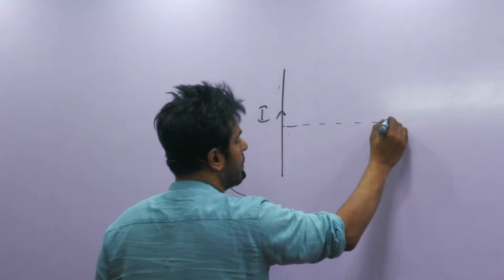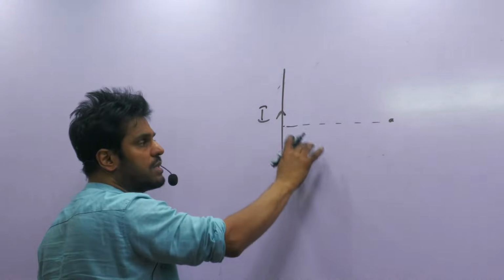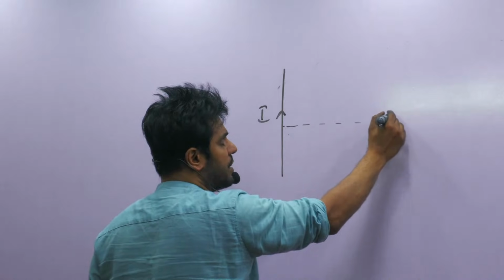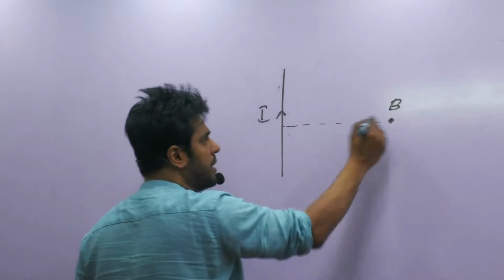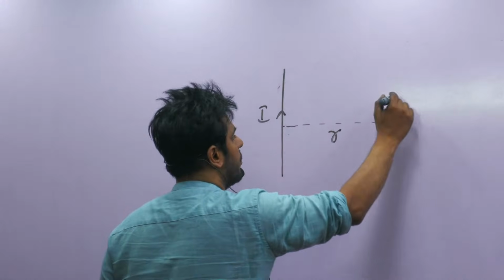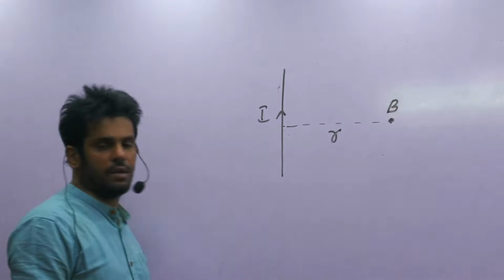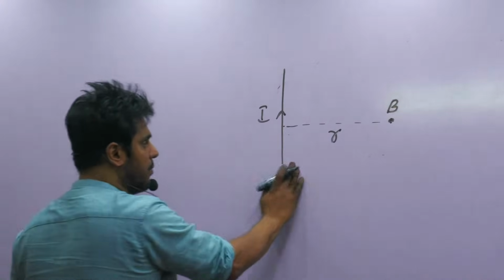Now, current exists on both sides from the considered direction. Here we are going to find the magnetic field at a point here. This is R.